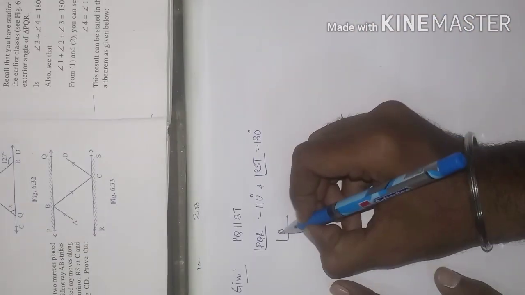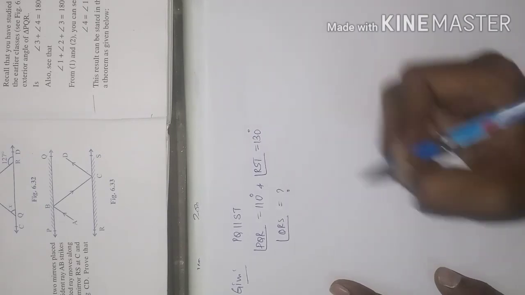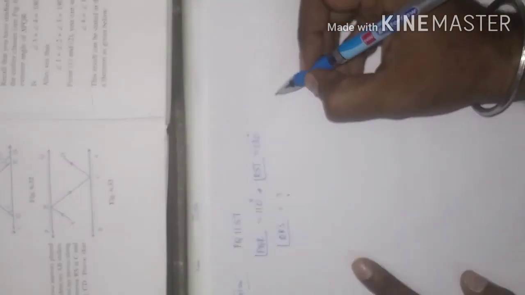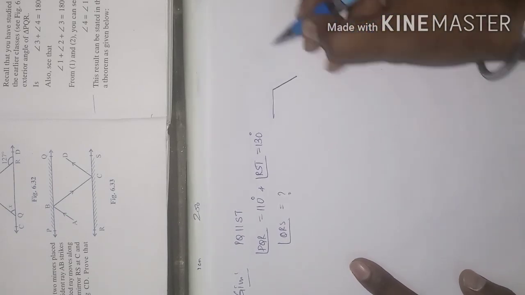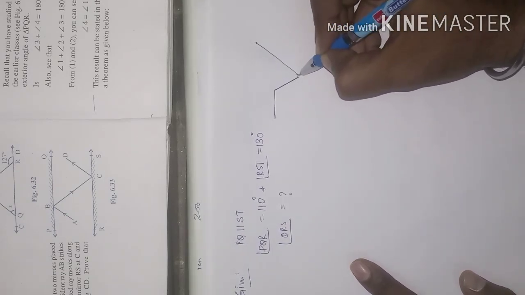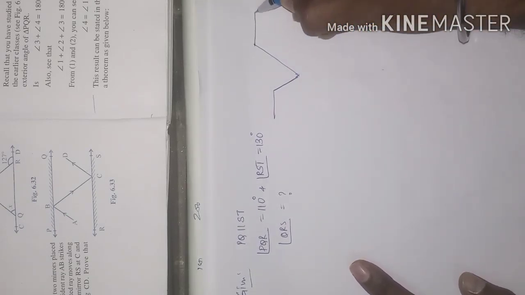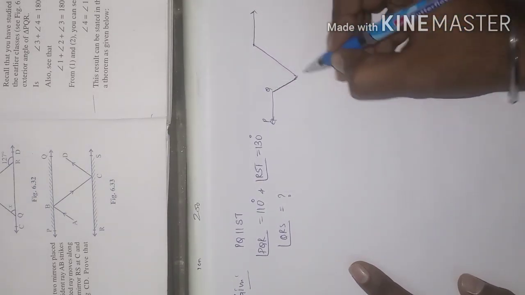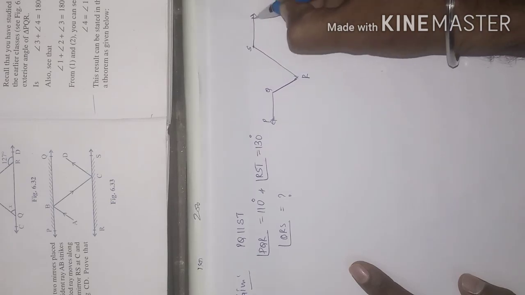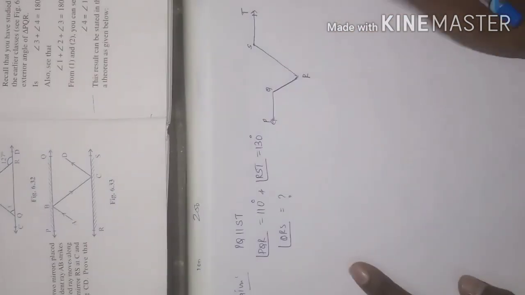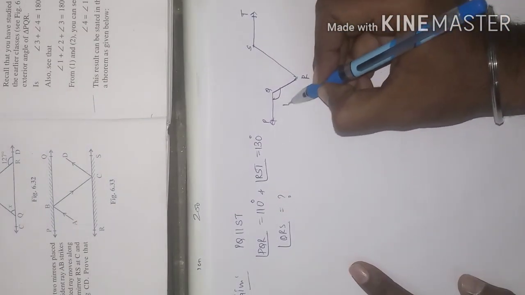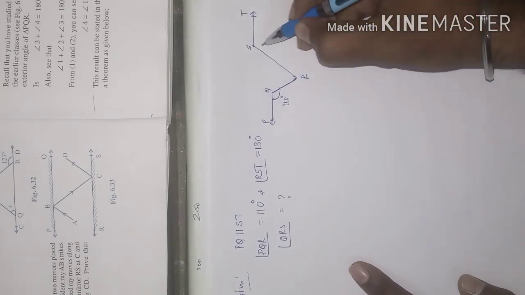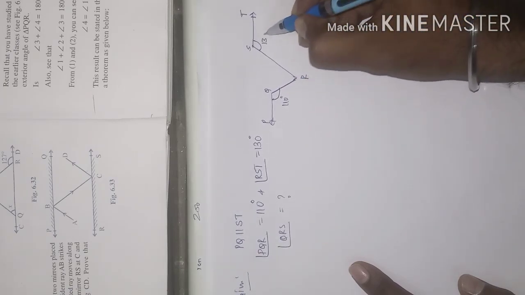We should find what QRS is equal to. We will draw the diagram here. So this is the diagram. This is the point P, Q, R, S, and this is T. They give the angle here as 110 degrees and the angle over here as 130 degrees.